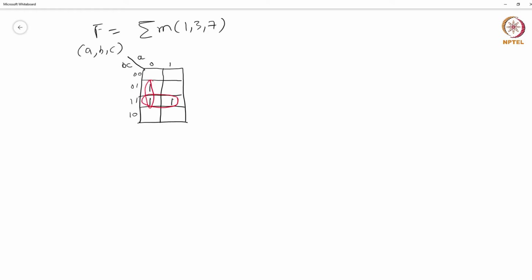For each combined group, we can then say what the minimized expression would be. For this one, the minimized expression would be 1 1, because this 0 and 1 will get minimized. So I can write this as B and C.